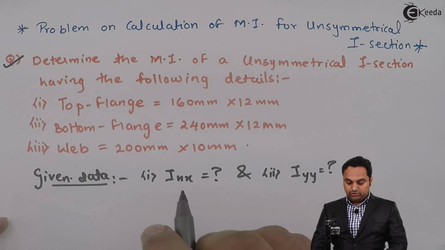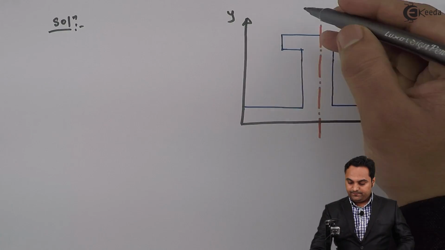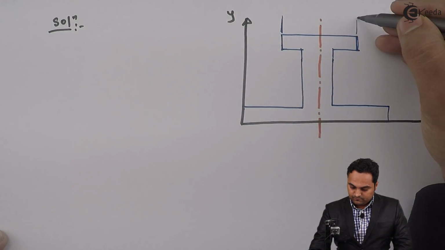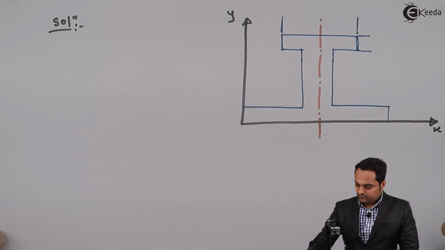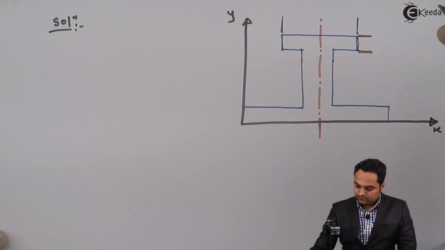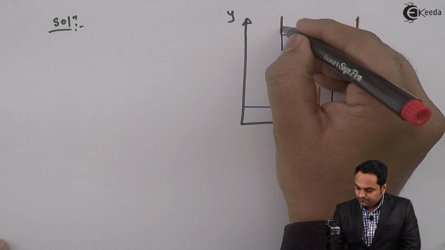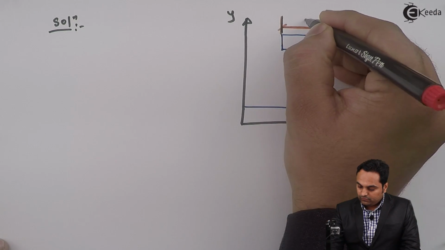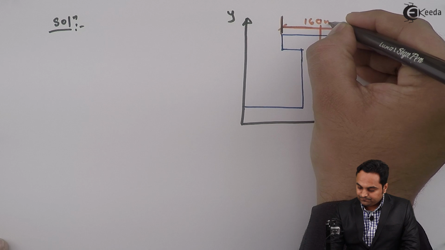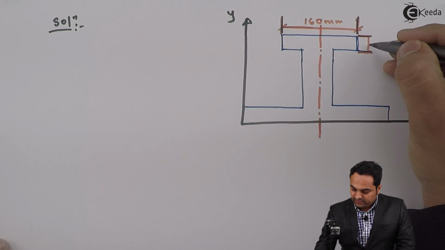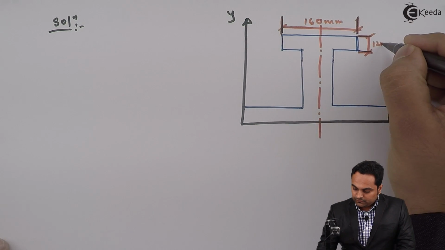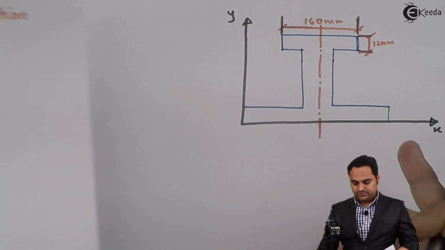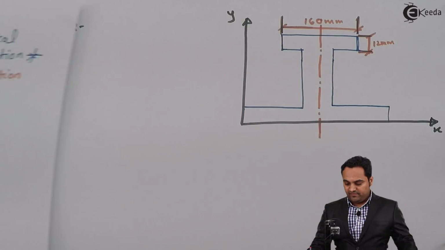Dimensions are: top flange is 160 mm into 12 mm. Bottom flange is 240 mm into 12 mm.